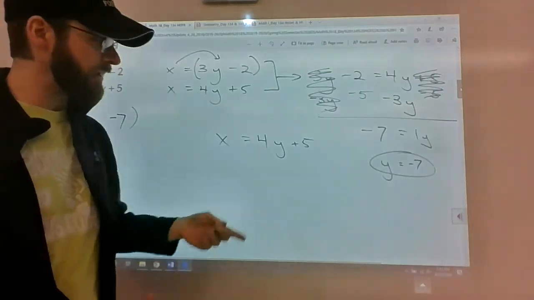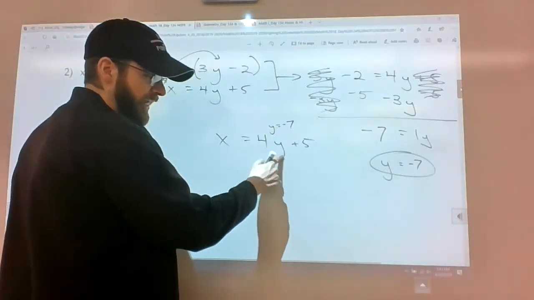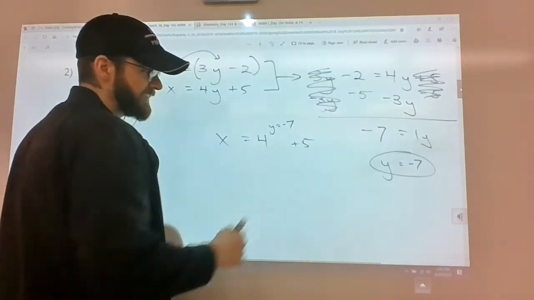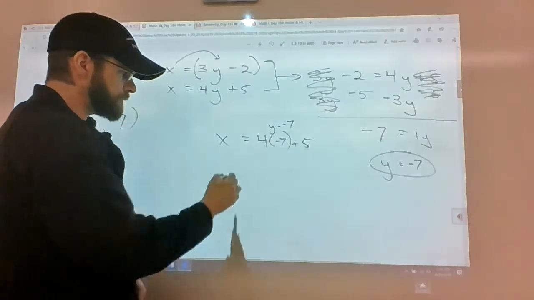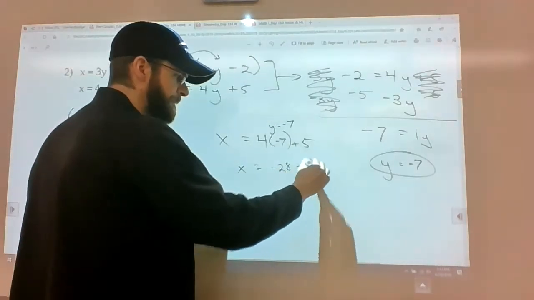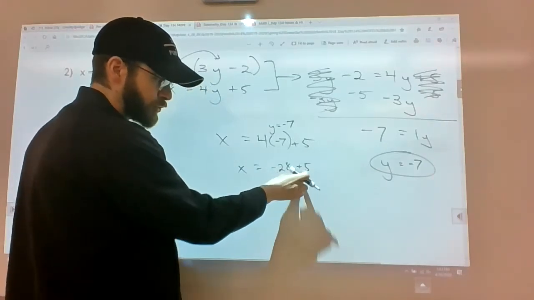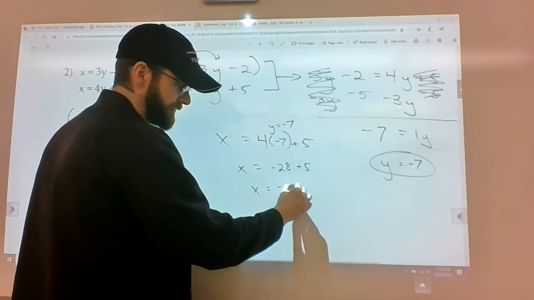We're just taking one of them and saying, hey, y equals negative 7, so that y is going to disappear and be replaced with negative 7. X equals negative 28 plus 5. Opposites subtract, so keep the sign of the bigger one, but subtract the 2, it's going to be negative 23.